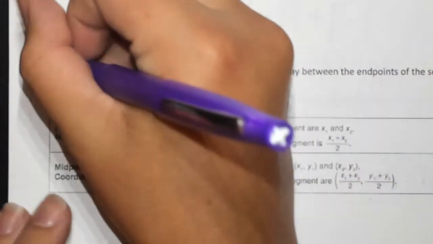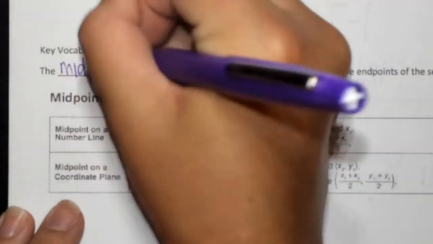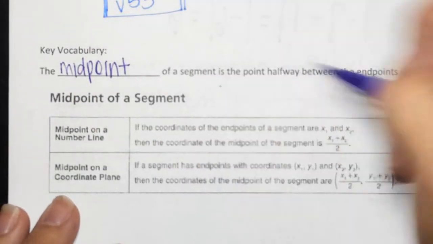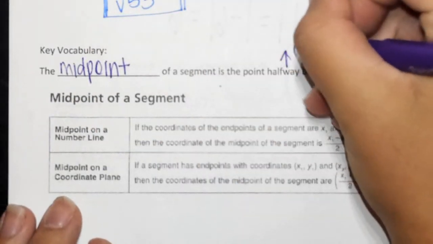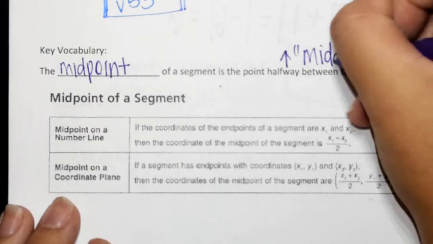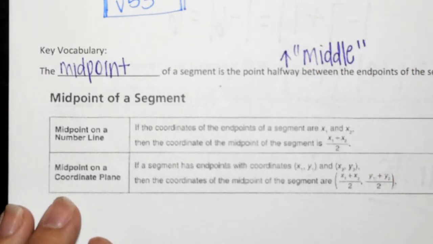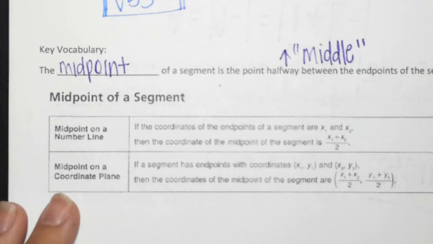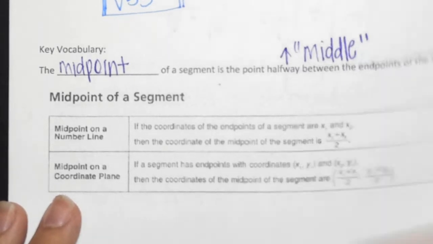All right, the midpoint is the point halfway between, aka the middle. Okay? So basically, we're taking them, adding them together, and dividing by 2. We're finding the middle.